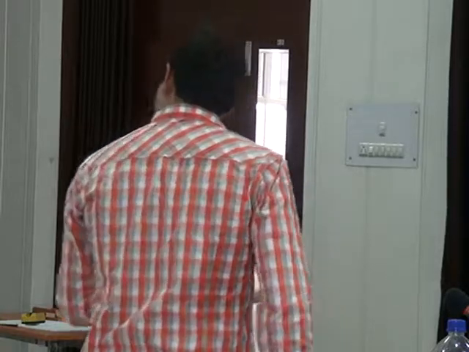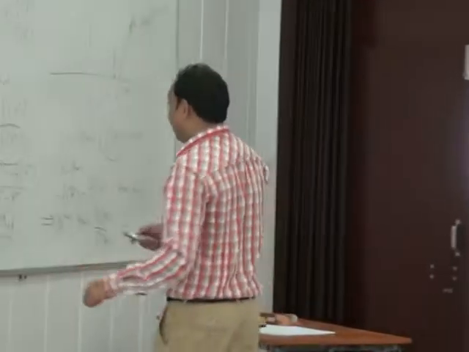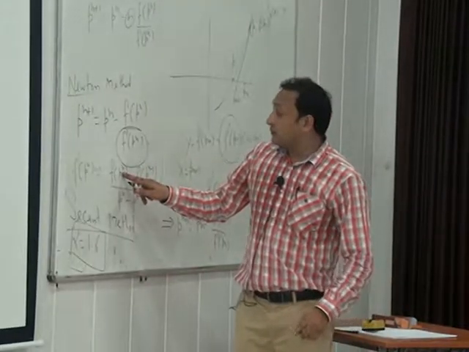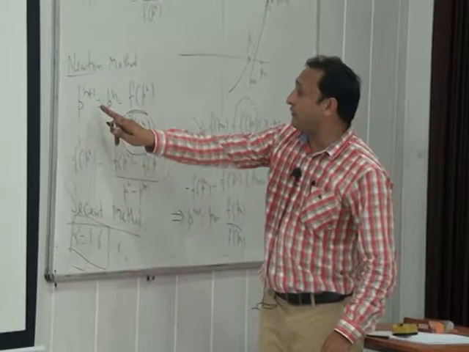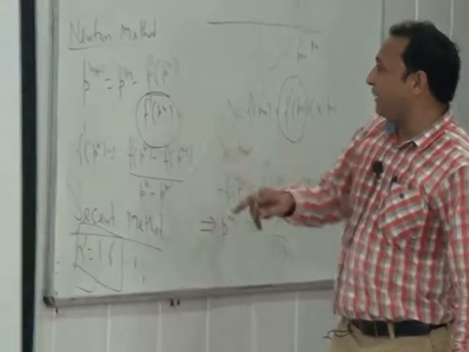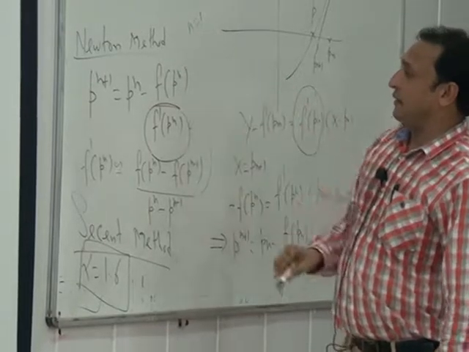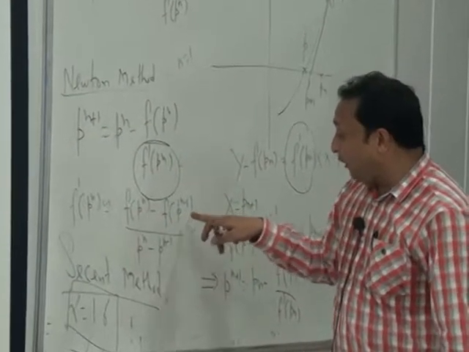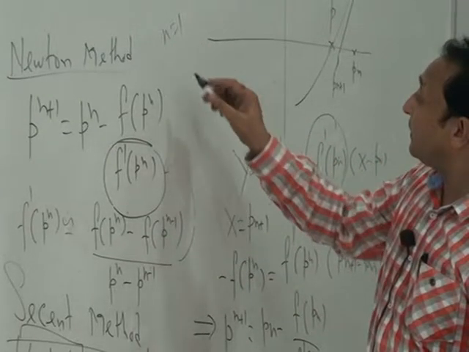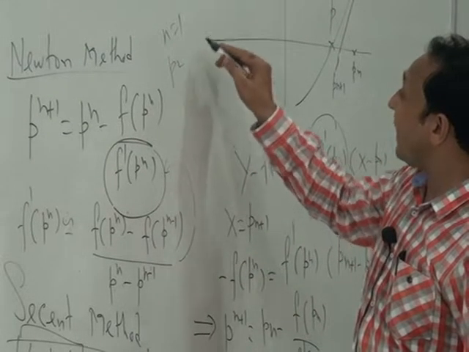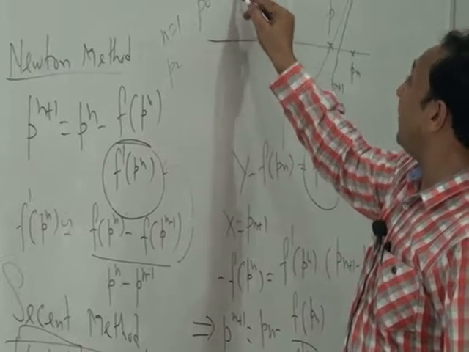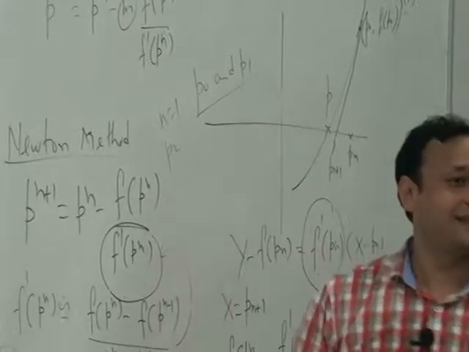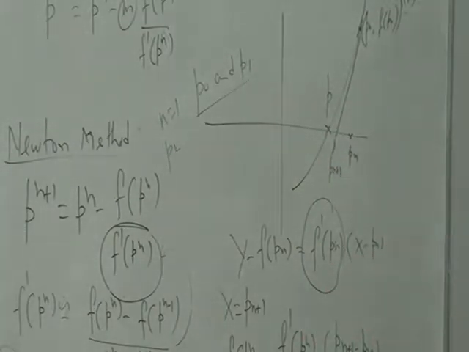But here the problem is, suppose n is equal to 1, you start with 0 and 1. I have P1 equal to 1. So you get P2 from P1 and P naught. To compute P2, you must have P naught and P1 both in hand.